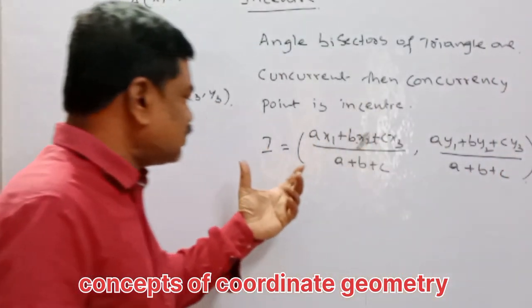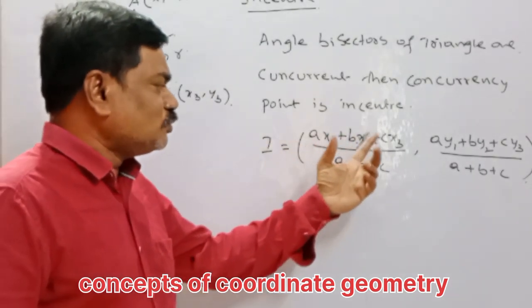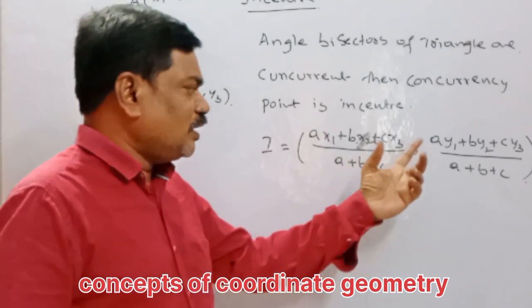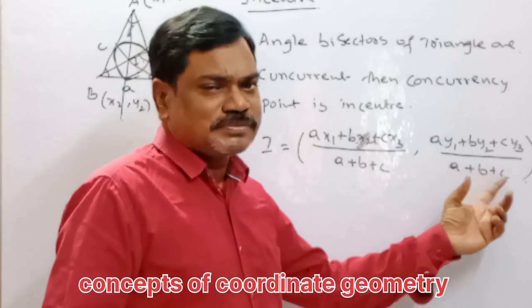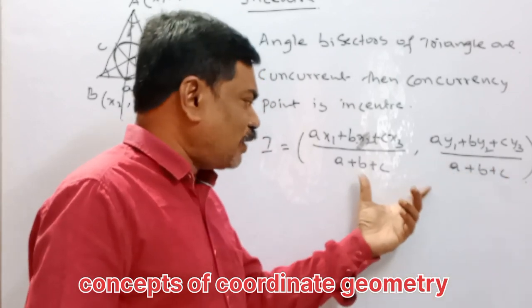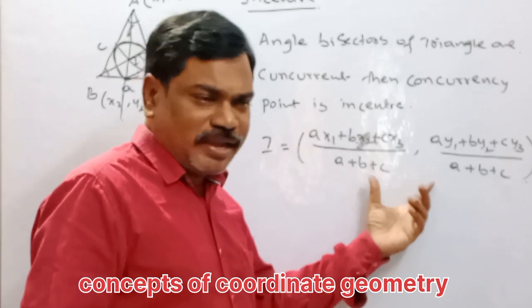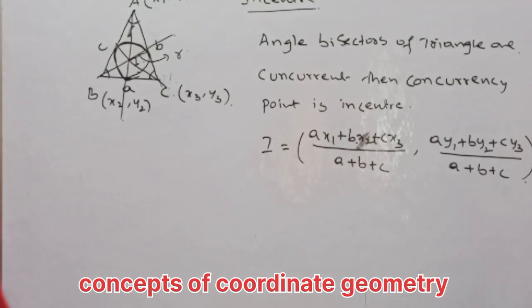How to find the incenter? I is equal to (a x1 plus b x2 plus c x3) by (a plus b plus c), comma, (a y1 plus b y2 plus c y3) by (a plus b plus c). We find the incenter of the triangle like this.